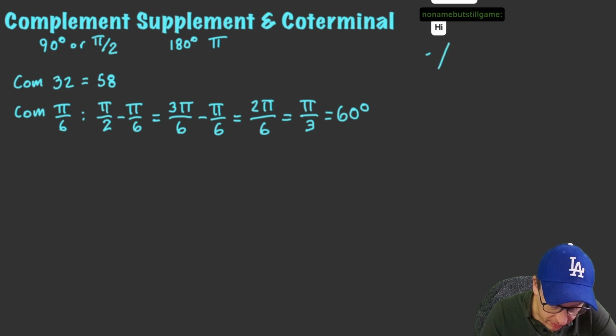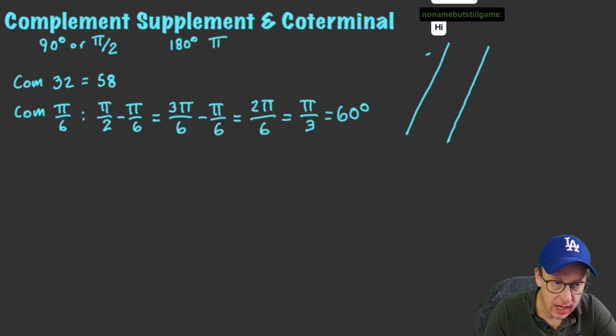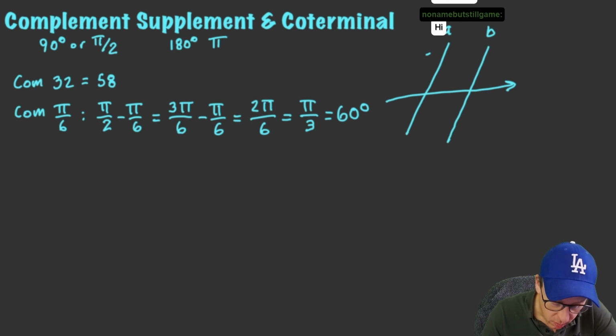If we have this line like this and this line like this, and we have another line like this, and let's say that this is A and B, to symbolize that they are parallel, we're just going to draw arrowheads on them exactly like that.